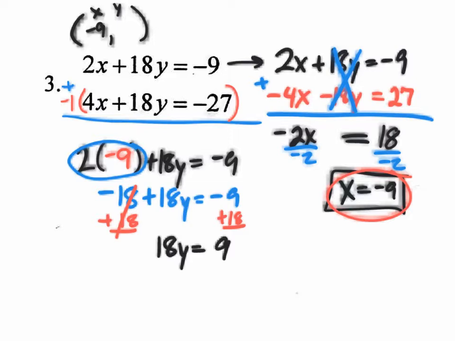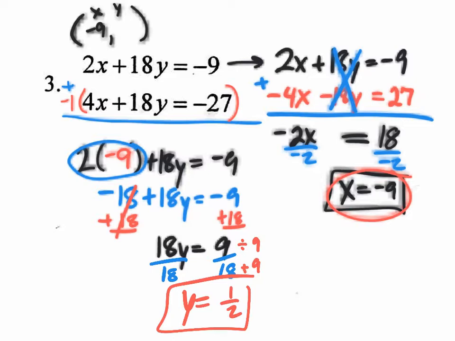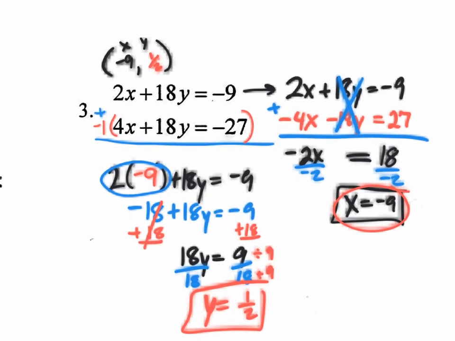And for my final step, I'm going to divide by 18. A lot of people get confused right here because they have y equals 9 over 18. But you could reduce both top and bottom. You could reduce that fraction by 9. So that'll be 1/2. So y actually equals 1/2. So my y value is 1/2, or you could put 0.5. Ladies and gentlemen, that is your answer to the system.